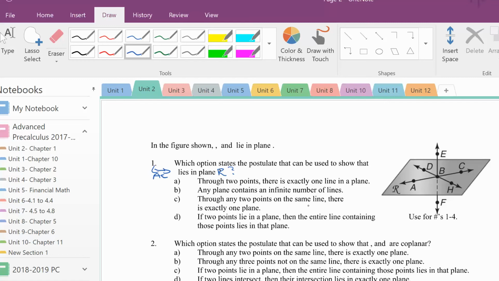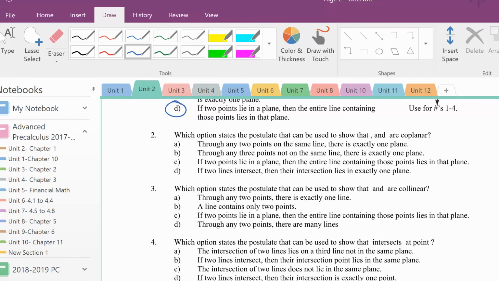Through any 2 points on the same line, there's exactly one plane. That is not what the postulate says. If 2 points lie in a plane, then the entire line containing those points lies in a plane. That is one of the postulates. That is, if you look back at your notes, that is 2.5. So there it is D.